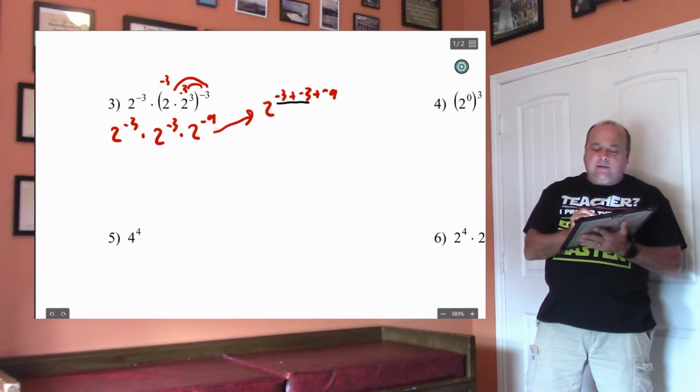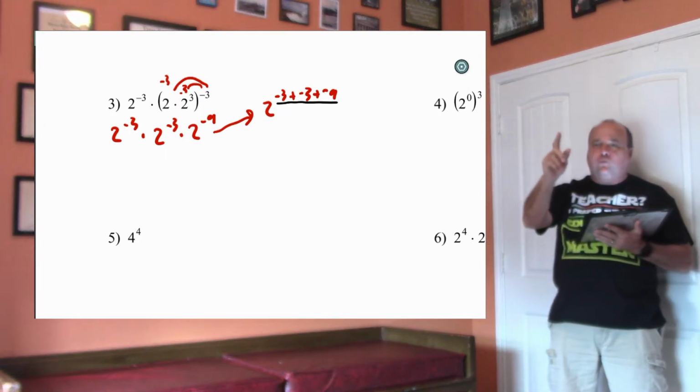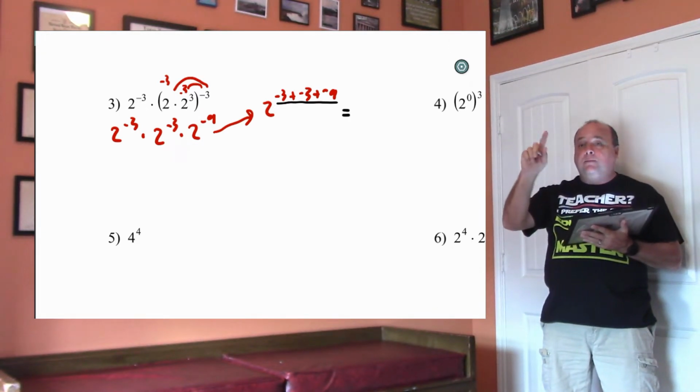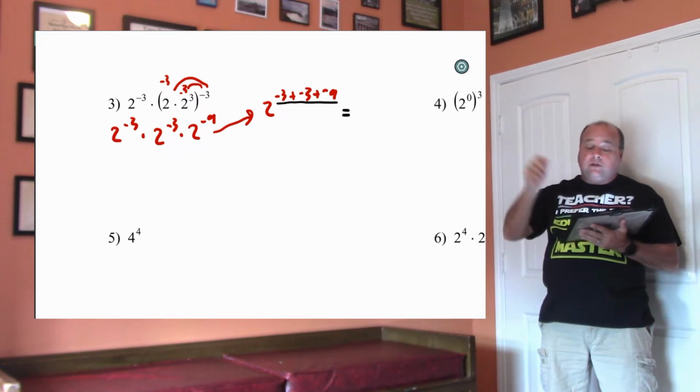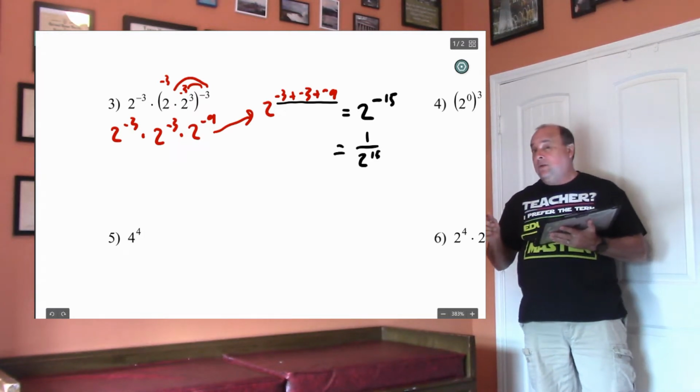You may have to type that into the calculator. If you do not do that math correctly, it is wrong. Okay, this is going to turn into 2 to the negative 3 minus 9, which is going to be negative 15, which is going to turn into 1 over 2 to the 15th, and I don't know 2 to the 15th.